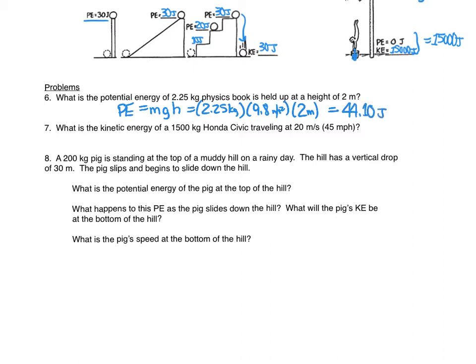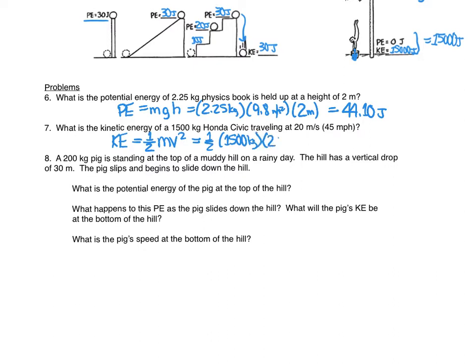joules of PE. All right, number 7, what is the KE of our Honda Civic here? That's about the mass of a Civic going 20 meters per second, which is 45 miles per hour. So KE is 1/2 mv squared, 1/2 the mass. A Civic is about 1,500 kilograms, over 3,000 pounds.